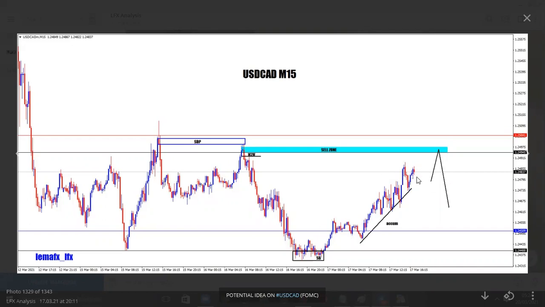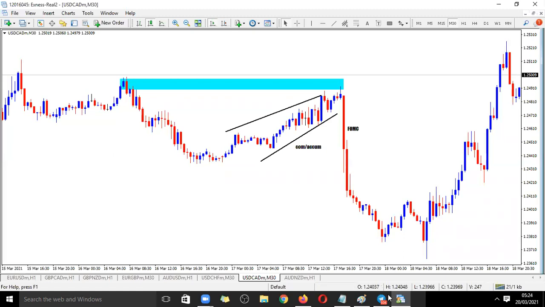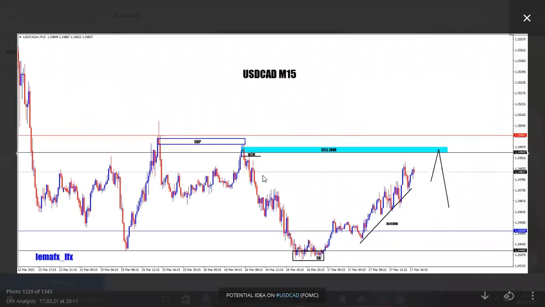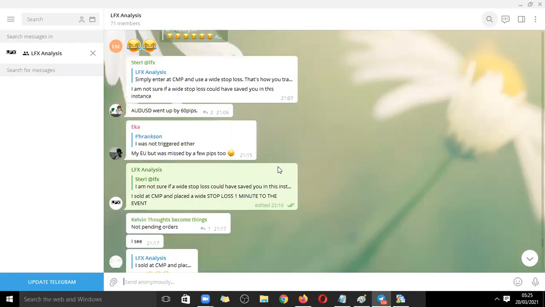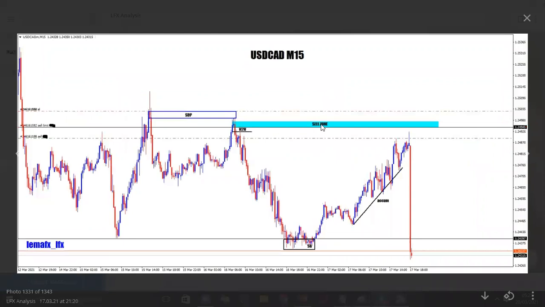So we knew that price would reverse after the event. And as we can see, price sold heavily. And that was the trade that we took.